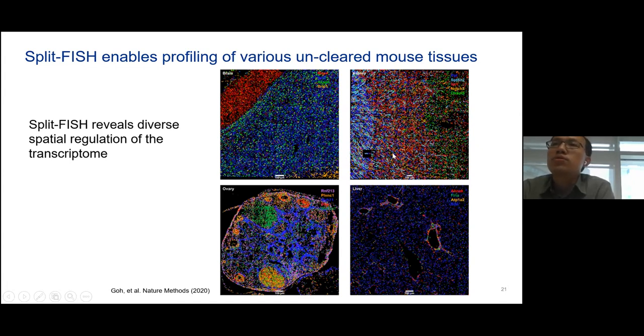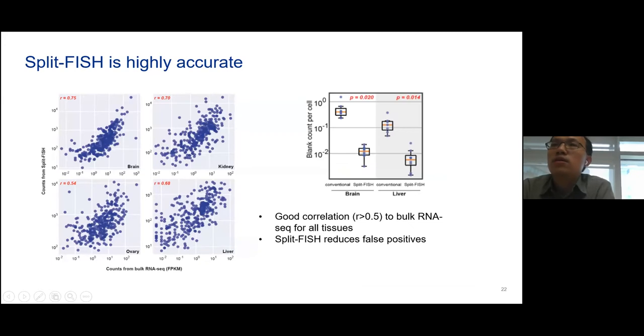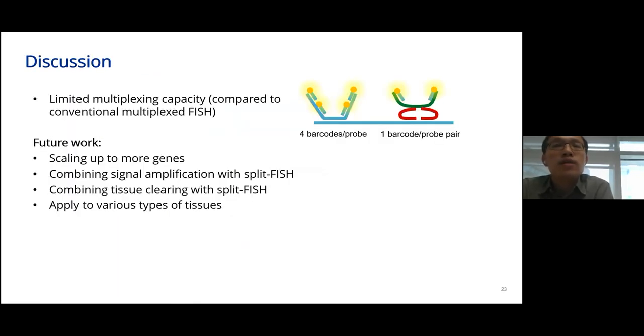And finally, we compared it to conventional multiplex FISH in uncleared tissues, and we see that using splitFISH indeed reduces the blank counts, or the misidentification rate. And with that, we are very excited to apply this to more tissue types and to scale up to more genes, or combine it with signal amplification or tissue clearing to get even more accurate measurements.